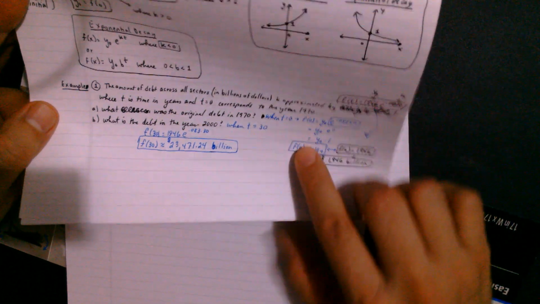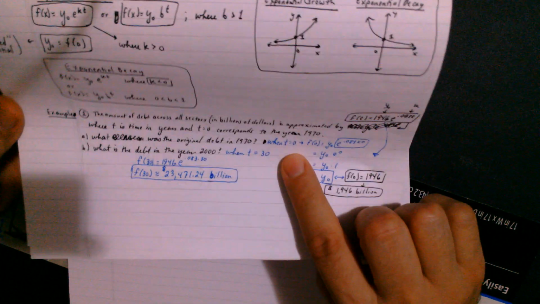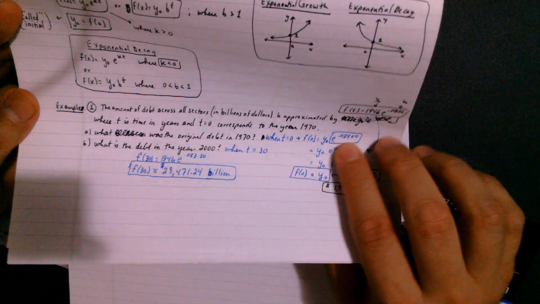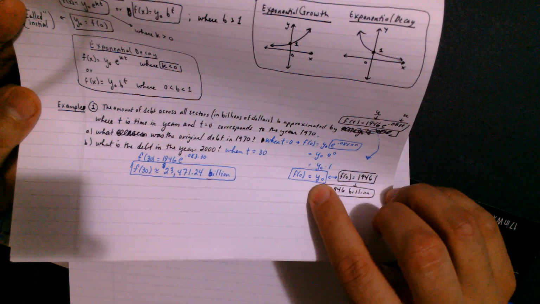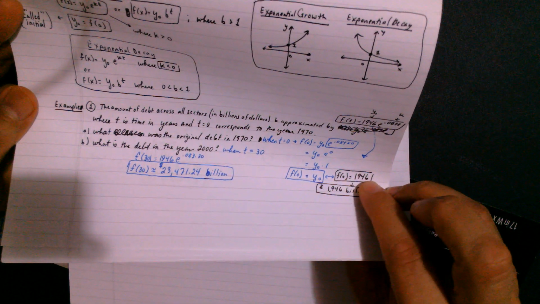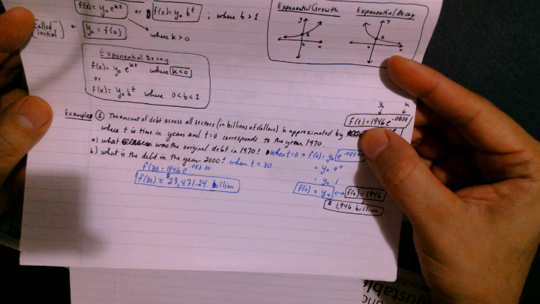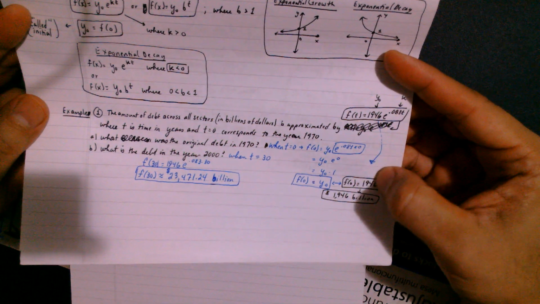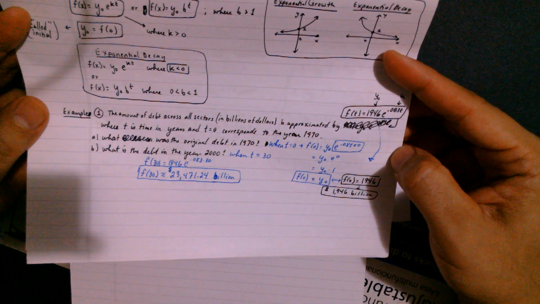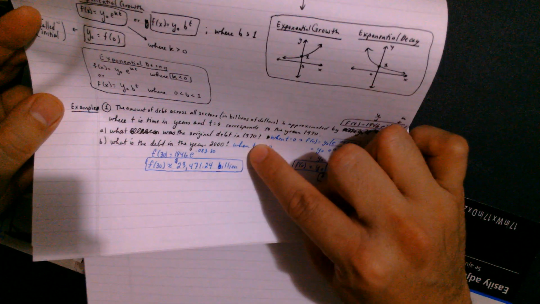In 1970, the debt was when time was 0. That's the initial time. So you plug in a 0, that's 1. So initially, you're at 1946. The y sub 0, that's your initial. The original debt is 1,946 billion.